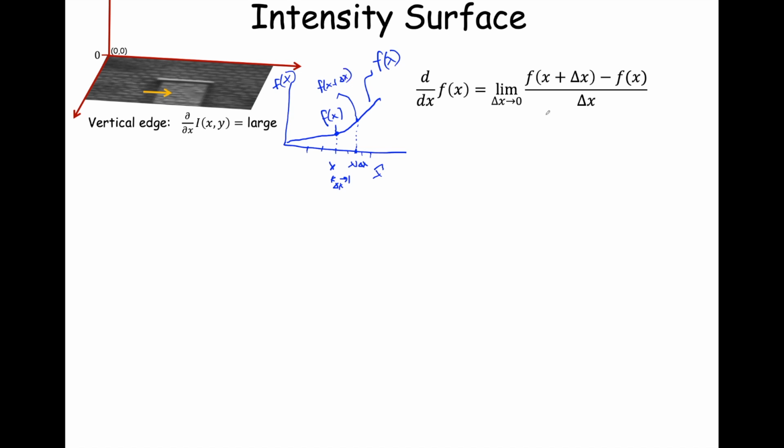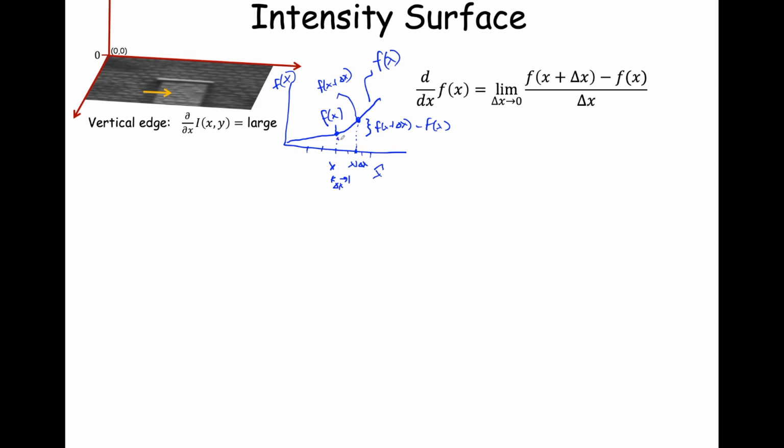What this definition of the derivative is setting up is that the rate of change of f of x with respect to x is nothing more than the slope. It's the rise over the run. So what is the rise? The rise is this distance, which is nothing more than f of x plus delta x minus f of x.